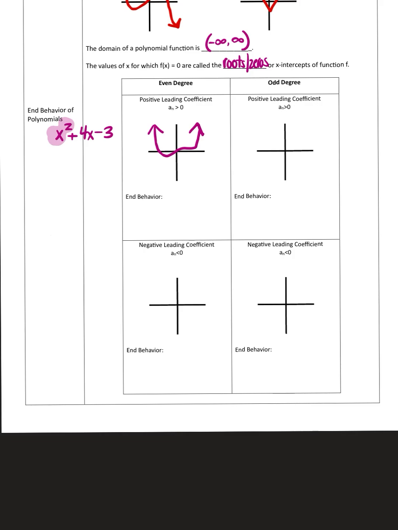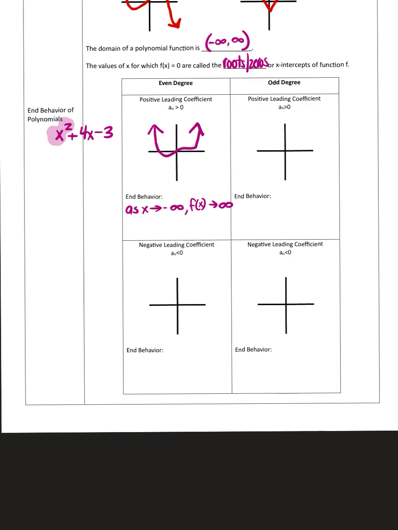We want to know what is happening at the ends as x approaches negative infinity and as x approaches positive infinity. So when you have a positive leading coefficient and an even degree, the end behavior will be as x approaches negative infinity, f of x approaches positive infinity.